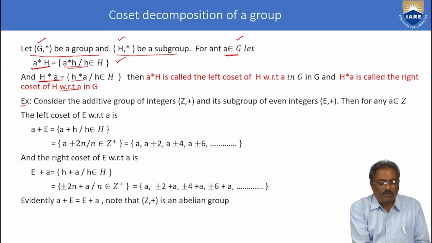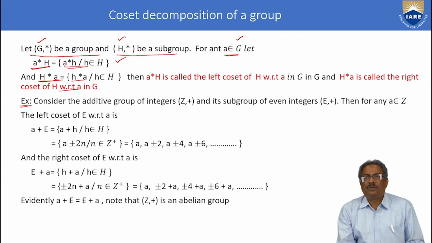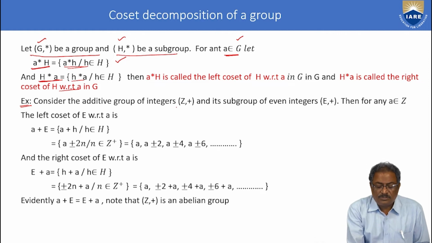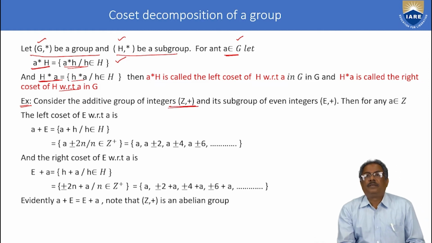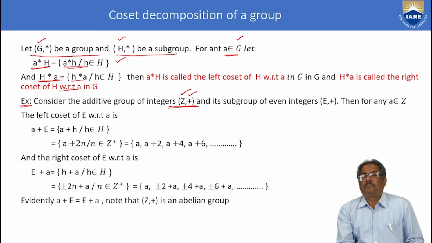Now we are going to verify some examples: how to find the left coset and how to find the right coset. So let us consider G is the integer set Z, which of course is a group under the binary operation plus.